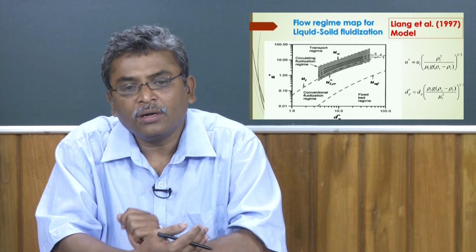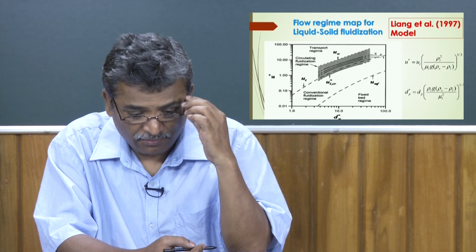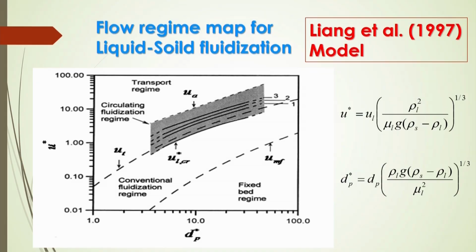Now, Liang et al. also gave a flow regime map for this liquid-solid fluidization system, represented as per the Kunii and Levenspiel model based on the U star and d_P star definitions. Here d_P star is on the x axis, defined as d_P times (rho_L g (rho_s minus rho_L) divided by mu_L squared) to the power 1/3. On the y axis, U star is defined as U_L times (rho_L squared divided by (mu_L g (rho_s minus rho_L))) to the power 1/3.